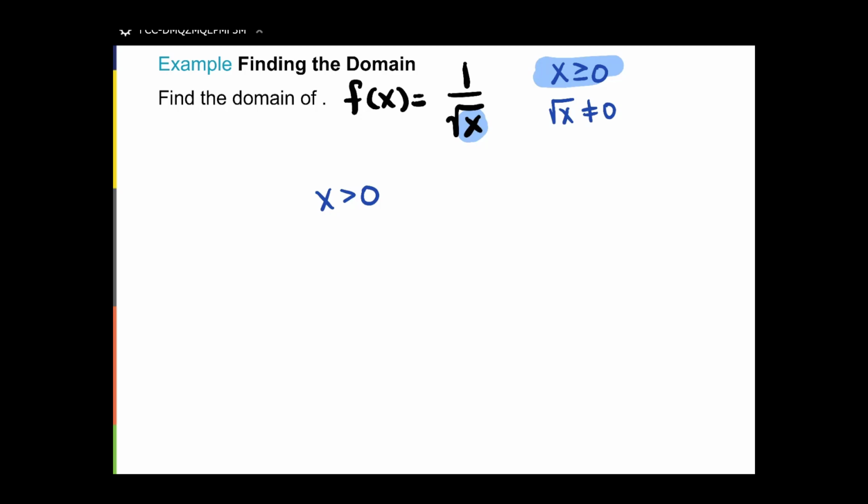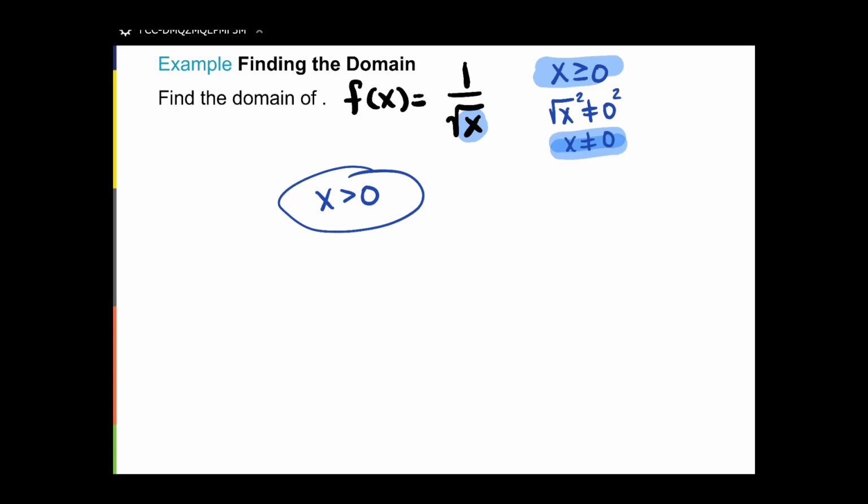The second one, we would square both sides, and we would say x can't equal 0 squared, which is 0. So both of these statements have to be true. It has to be greater than or equal to 0, and it can't equal 0. So where's the intersection of that? It's got to be greater than 0, but it can't equal 0. So you just take that equal sign out, and you're good.